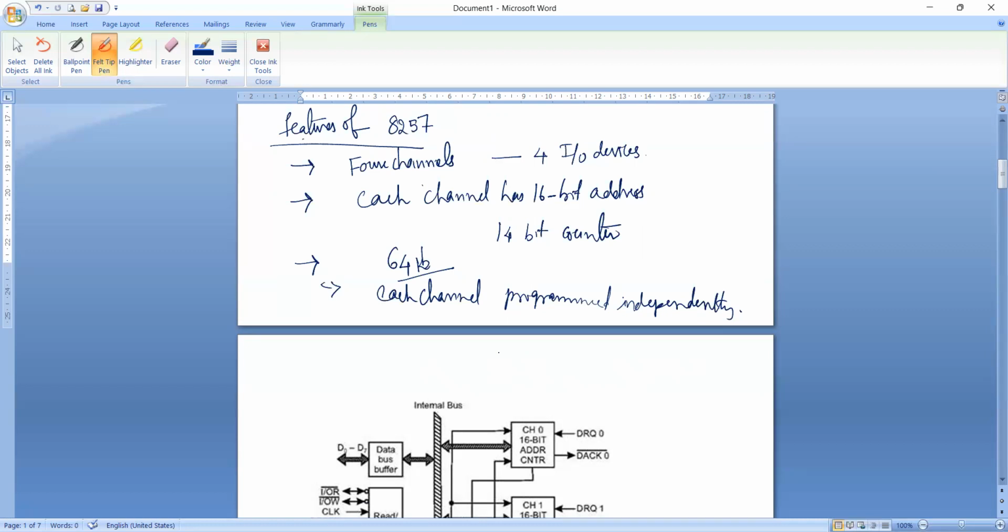Its frequency ranges from 250 kilohertz to 3 megahertz, and it operates in two modes: master mode and slave mode.